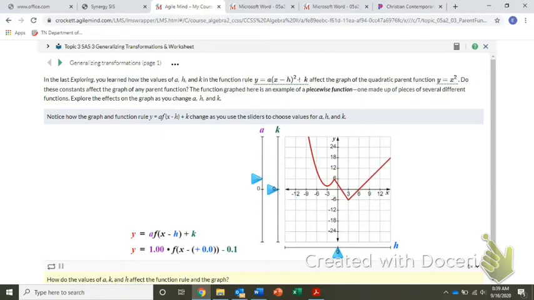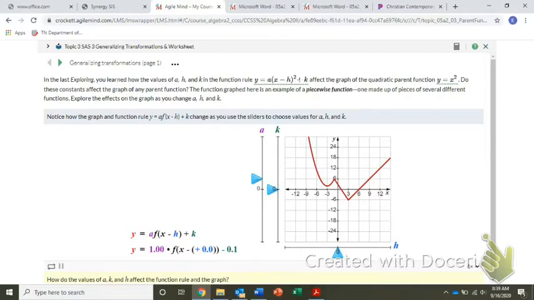I want you to be aware that today we are not dealing with quadratic functions, but we are dealing with piecewise functions. So, on number 1, on page 71 in your workbook, it says, what name is given to the type of function graphed here? A function that appears to be made up of several different functions. It's called a piecewise function.